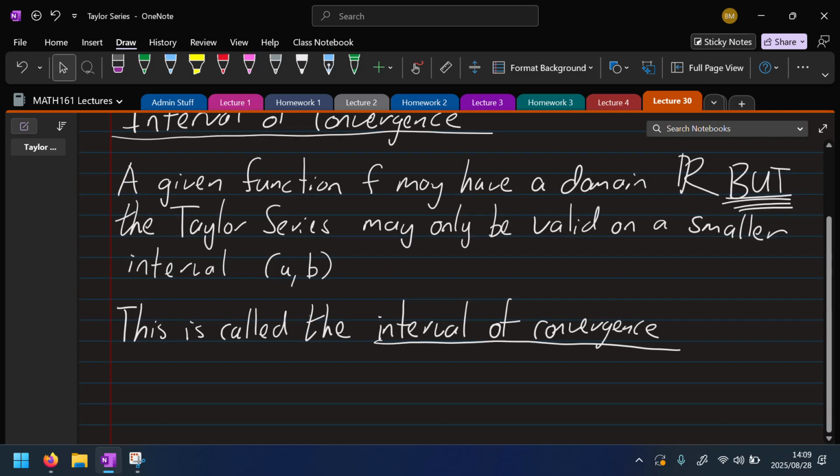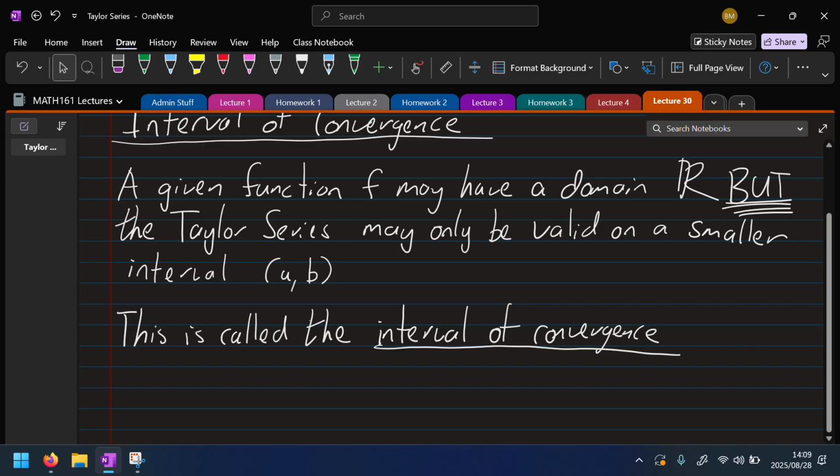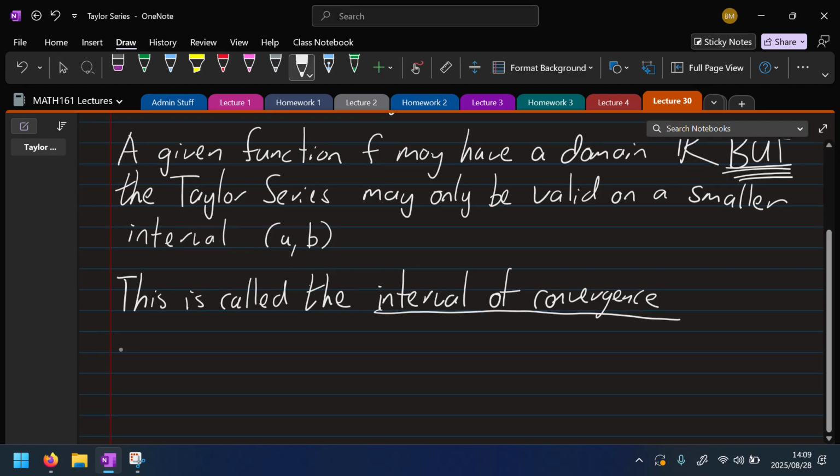So we'll have a look at one example, and then on Desmos, I'll show you what we mean by interval of convergence. Okay, so the main example for today will be f of x equals tan inverse x. Last time we looked at finding the Taylor series for this. Remember, we had the trick of integrating 1 over 1 plus x squared.